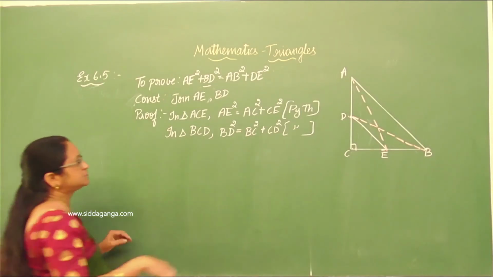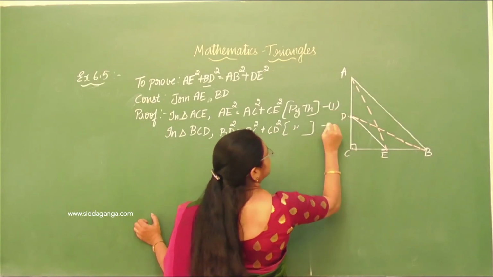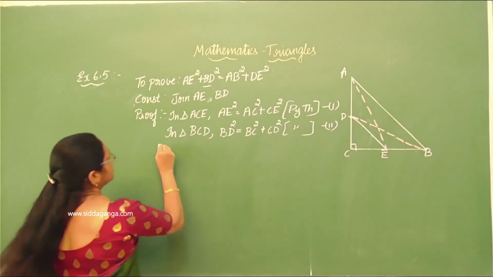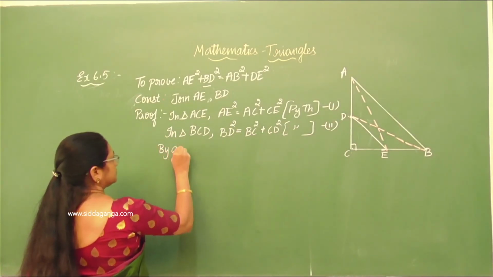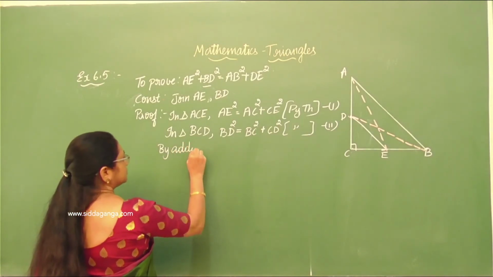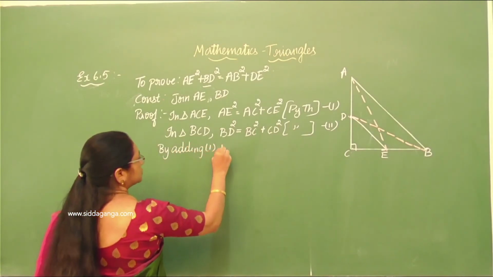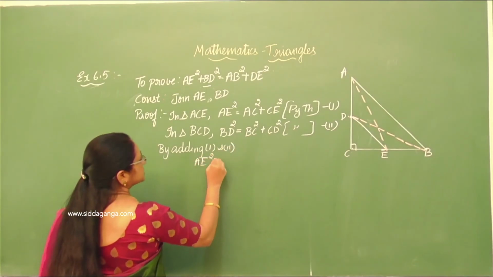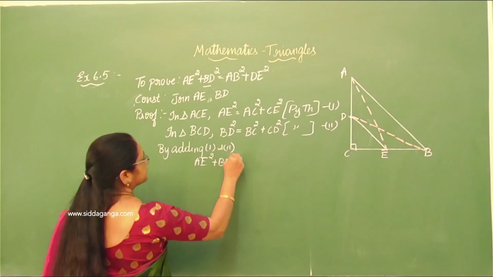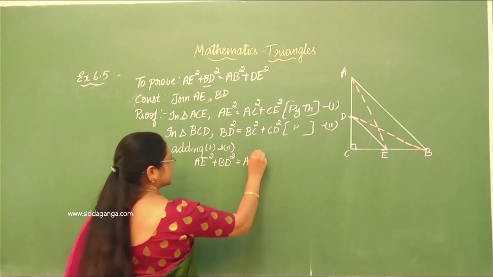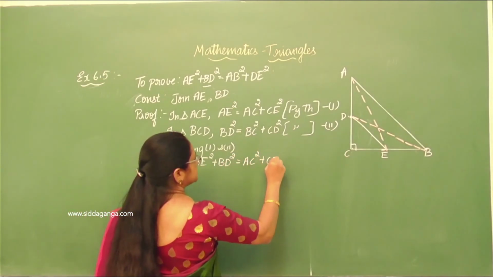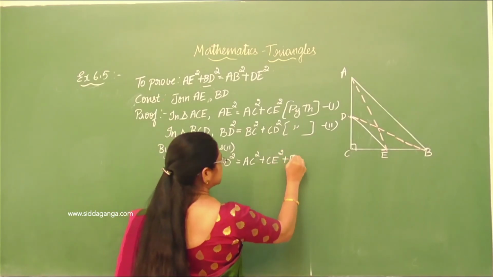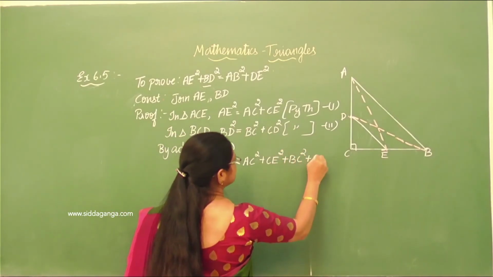So this is 1 and this is 2. Now by adding 1 and 2, AE square plus BD square is equal to AC square plus CE square plus BC square plus CD square.